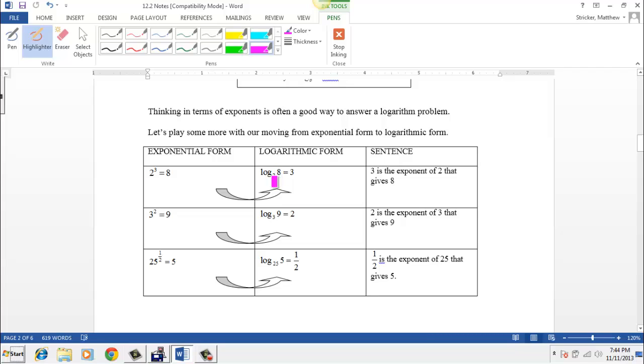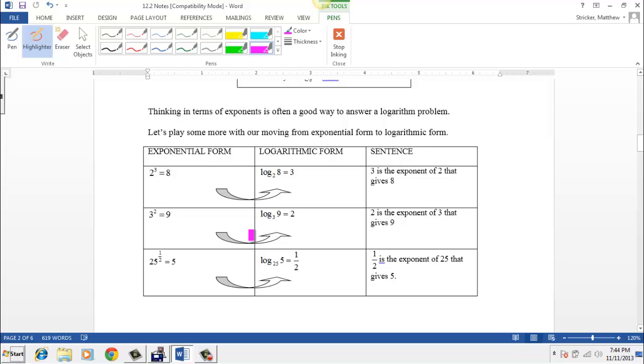Obviously, 2 raised to the third power equals 8. Come down here. We know that 3 squared equals 9. That means in log form, 3 has to be raised to the second power to equal 9. See, it's the same numbers, they're just in different places.